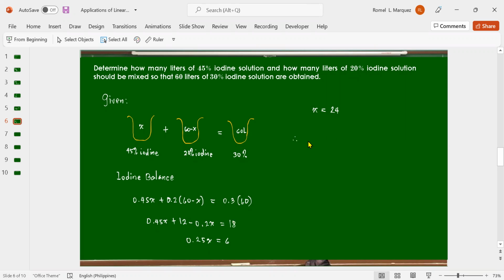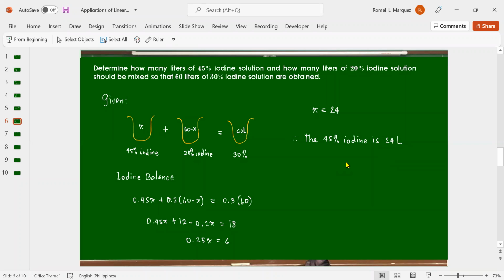So therefore, we have what? The 30% iodine is 20%. Determine how many liters of iodine and how many. So the 45% iodine is how much? It is 24 liters.